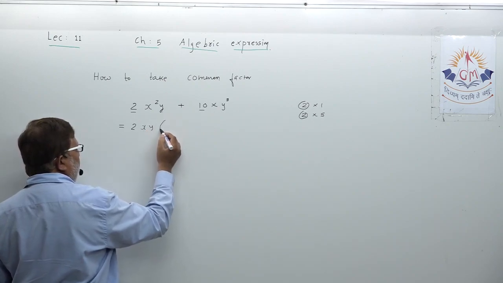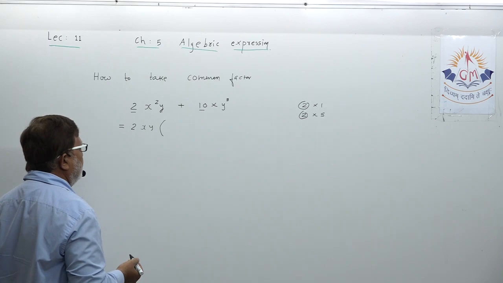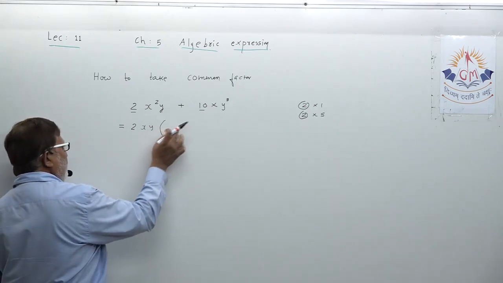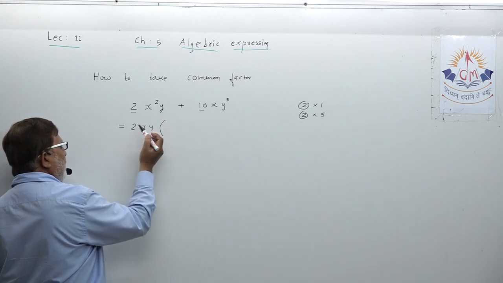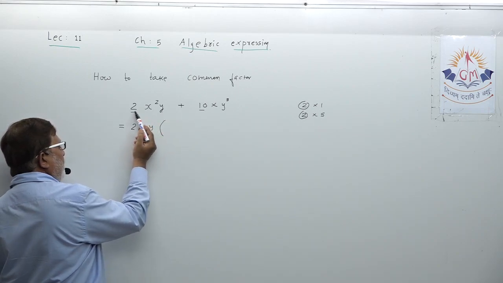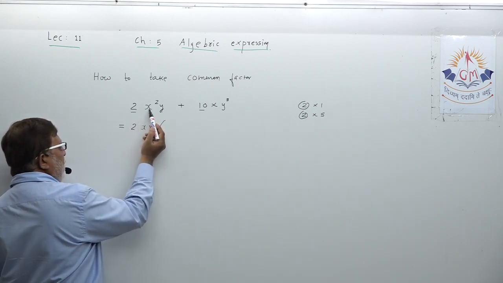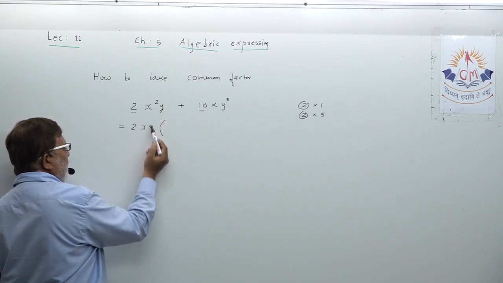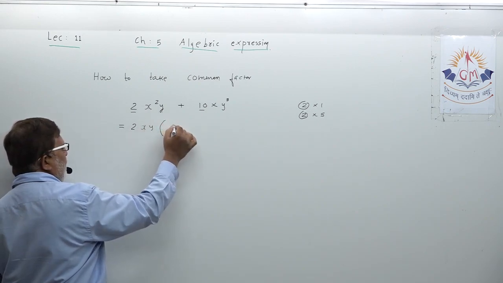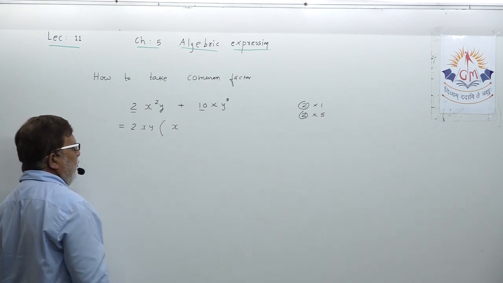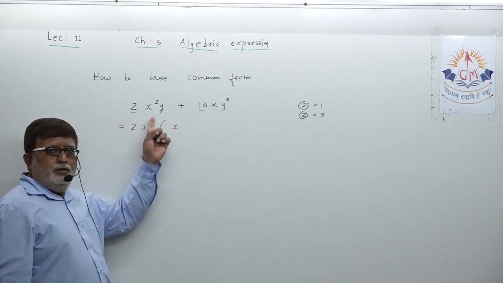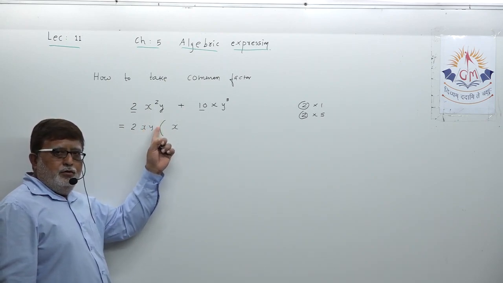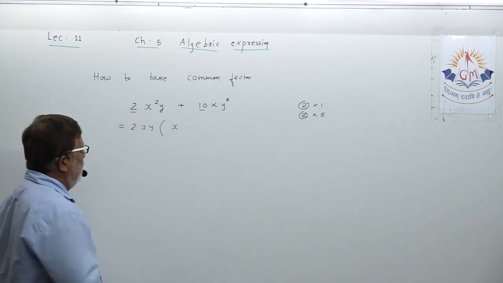Okay, now dear student, very important. What is to be written in the bracket now? What is common from here? 2, 1x, 1y. So what is left here? Only x. You understood this? 2 is common out of the x square. 1x is common and a y is common, so x plus.